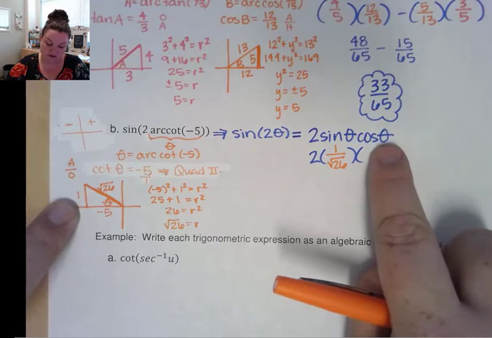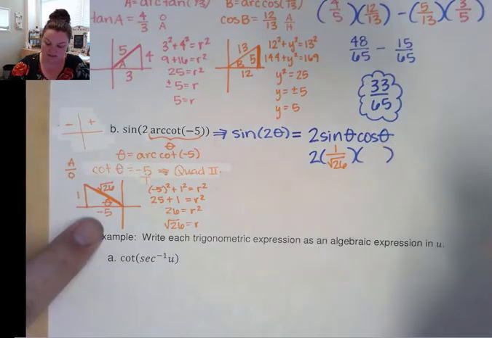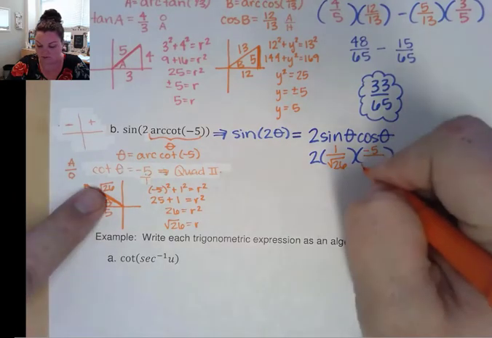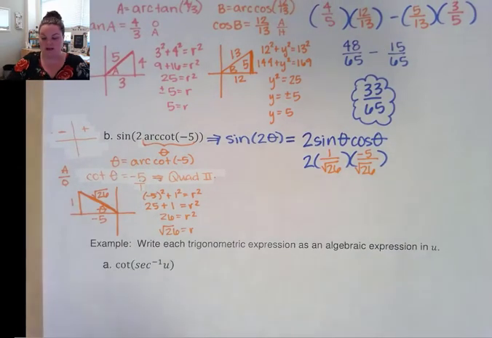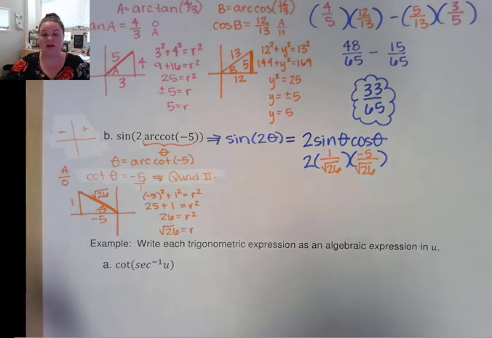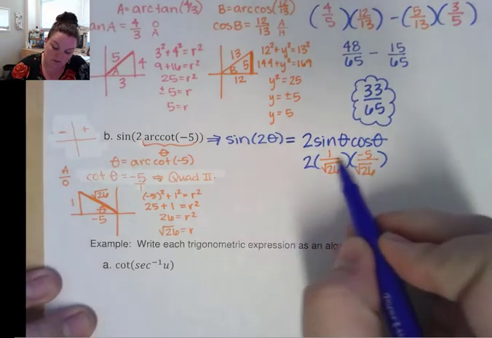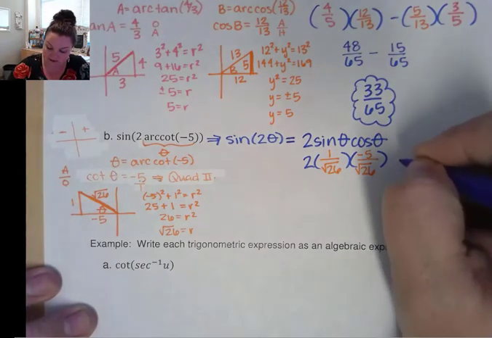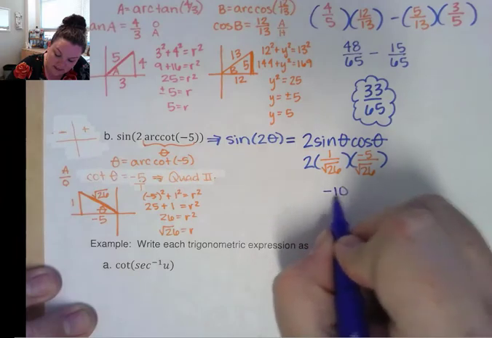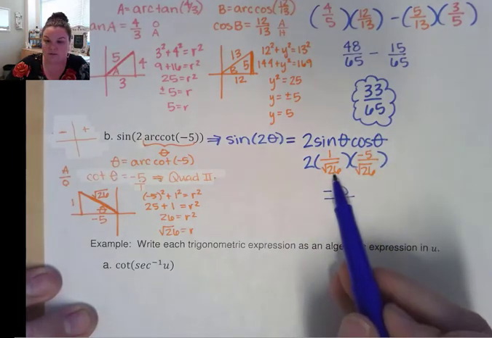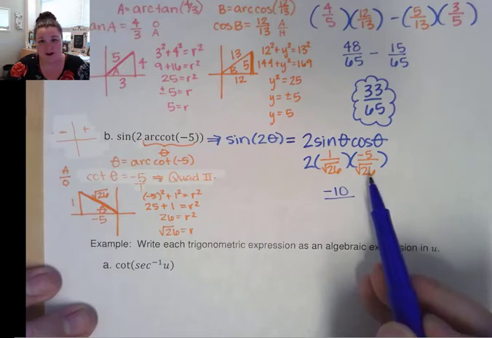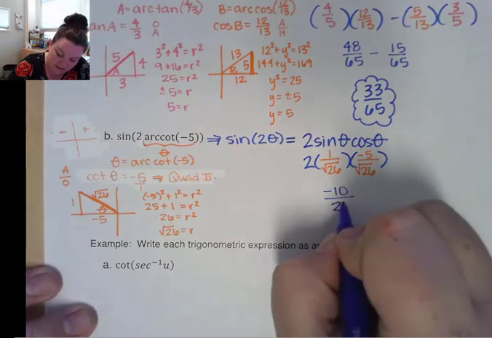Our cosine value is adjacent, which is -5, over hypotenuse, which is square root of 26. Okay, and now that we have it all filled in, all we have to do is multiply it all together. So if I multiply straight across here, that's going to give me -10 over square root of 26 times square root of 26, which is square root of 26 squared, right? Which is then just 26.